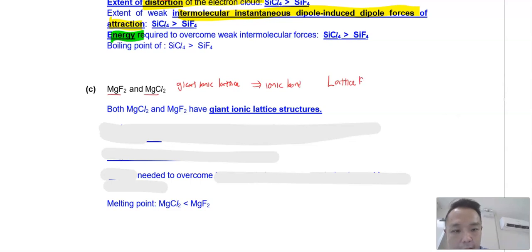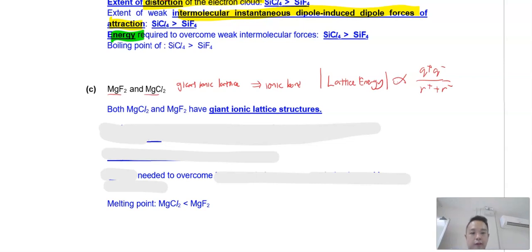Lattice energy. And this formula should be quite familiar to most of you: Q plus Q minus over r plus r minus, the charges of cations and anions. In this case, the analysis is that Mg2+ is the same. The only difference is the F minus versus the Cl minus. The charge is also the same. So largely I'm looking at the concept of r minus, the radius of the anion.